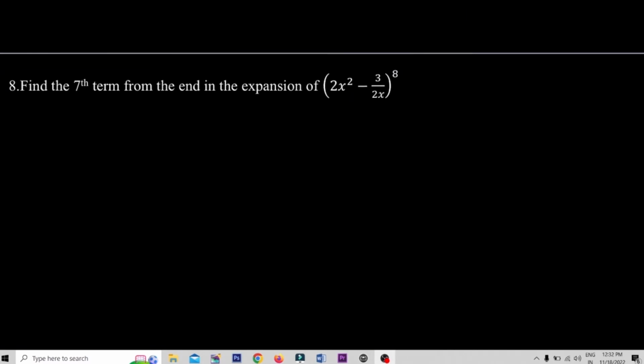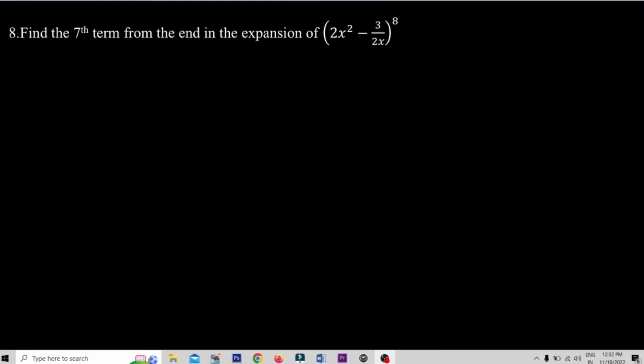Next is question number 8. Let us solve question number 8. In this case, find the 7th term from the end. Same problem again.